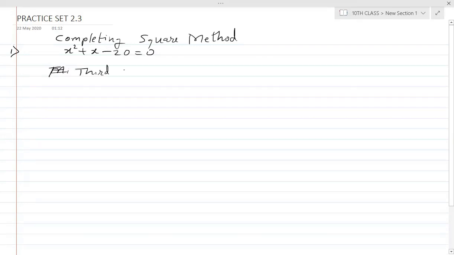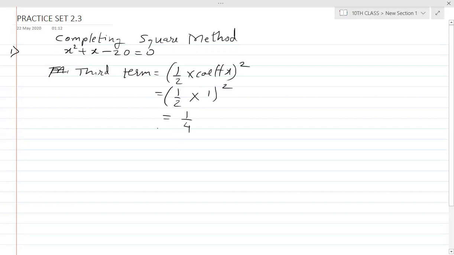Third term equals half of coefficient of x whole square. You can see that half of coefficient of x is 1/2. Let's square it. It becomes 1 by 4. So I am going to add 1 by 4 and subtract it in the equation.